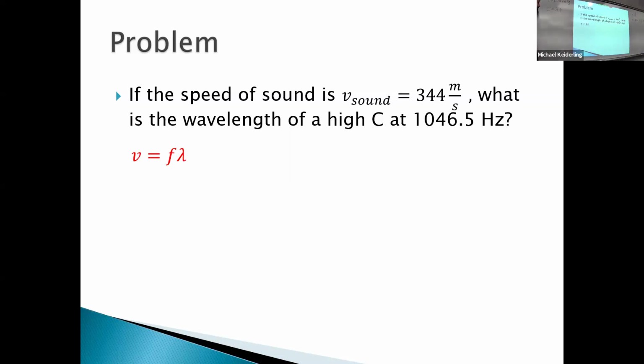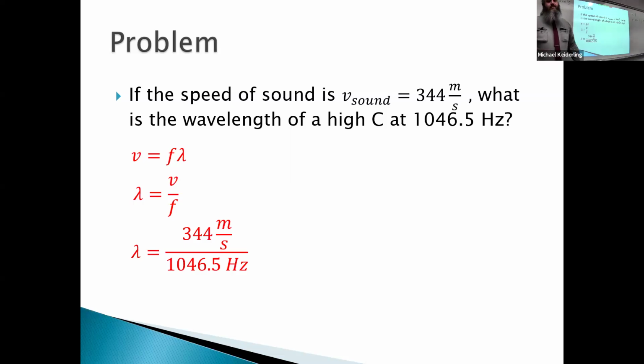So velocity is frequency times wavelength. Wavelength is going to be velocity divided by frequency. So that'll be 344 meters per second divided by 1046.5 hertz, or 0.329 meters, or 32.9 centimeters.